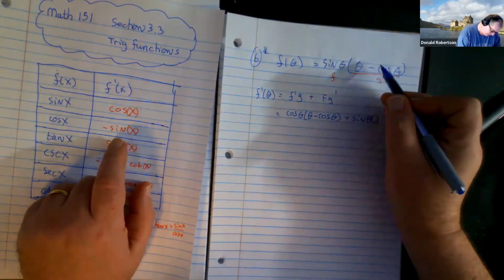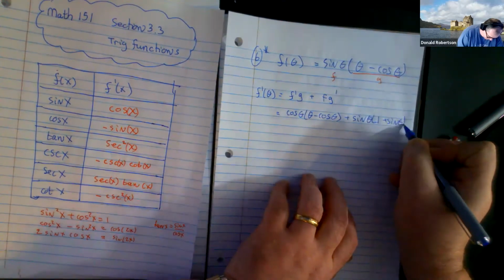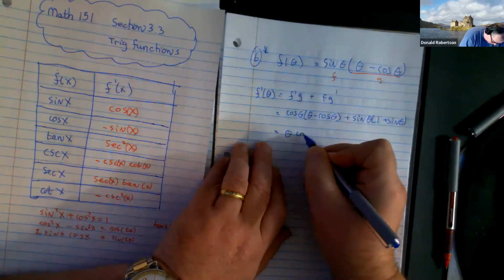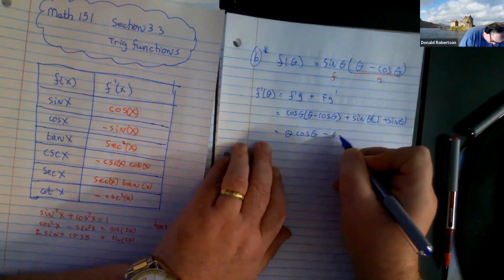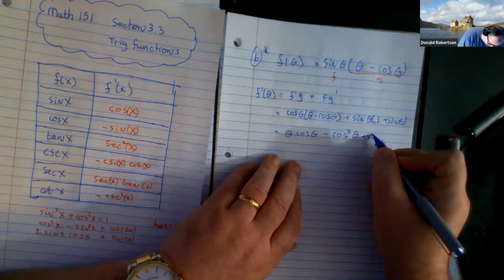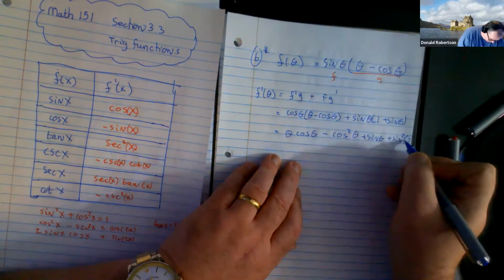So differentiating a negative cosine gets you a plus. 2 negatives make a plus. And now I'll distribute. Theta times cosine of theta, take away cos squared theta, plus a sine theta, plus a sine squared theta.